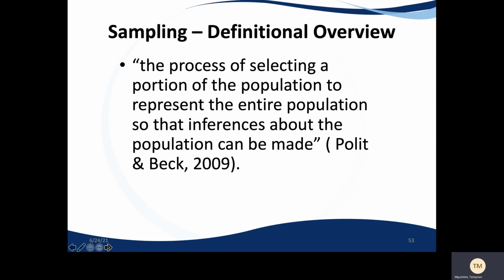And when I say a proportion, I mean that when you sample in the truest sense, you are getting a representative proportion of the bigger population or the bigger source of subjects that you're taking your sample from. And then you use that proportion to draw inferences about the very population from which you drew out the sample.